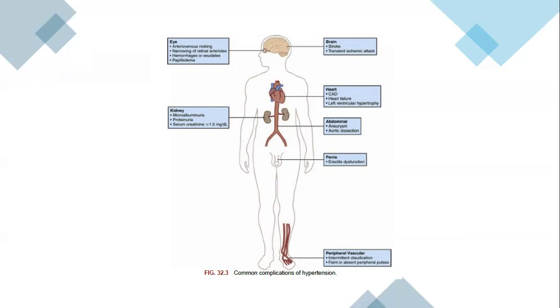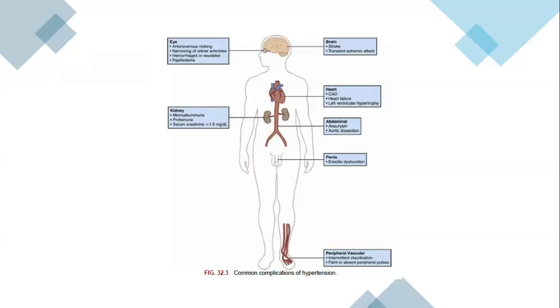For the organs, especially the eye, it can cause narrowing of retinal arterioles, hemorrhage or exudates, papilledema. For the brain, it relates to stroke and transient ischemic attack. For the heart, it's really related with CAD or coronary artery disease, heart failure, and also left ventricular hypertrophy.